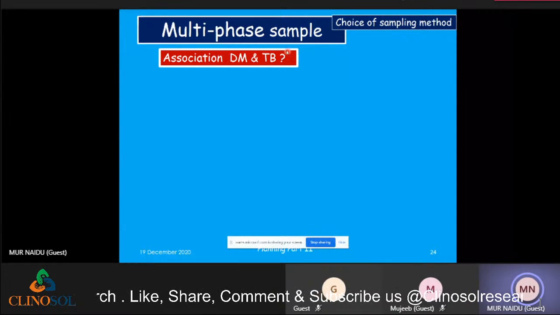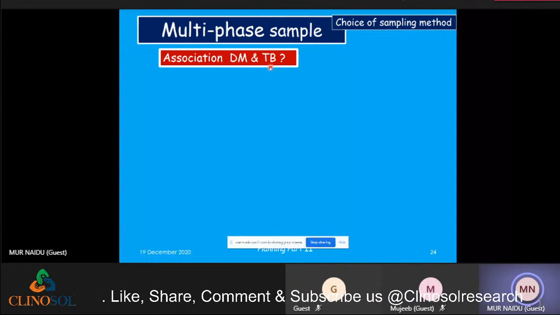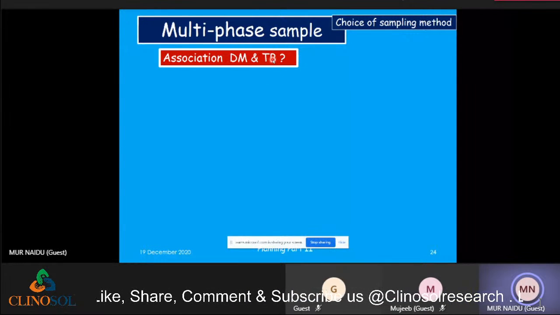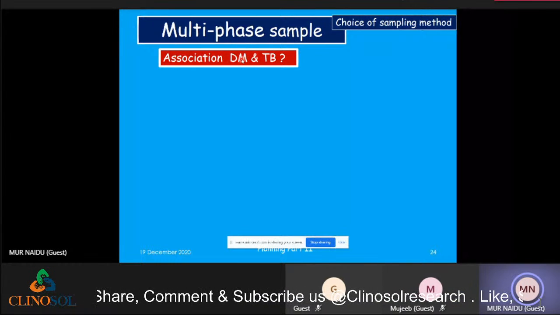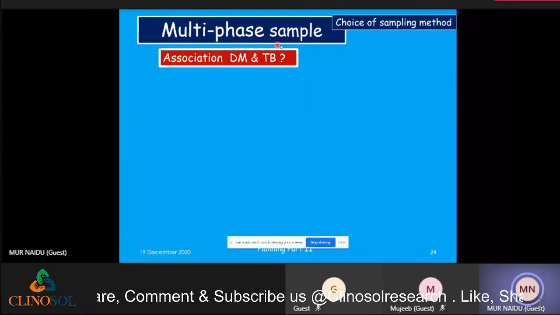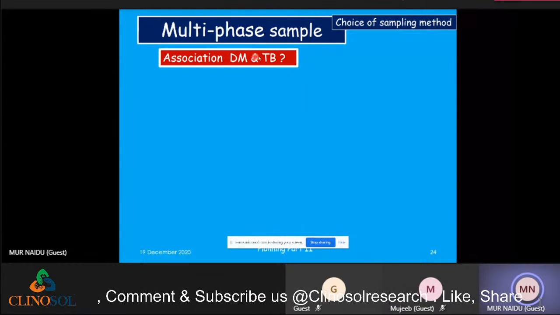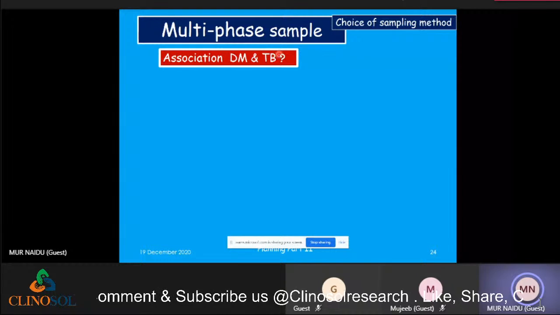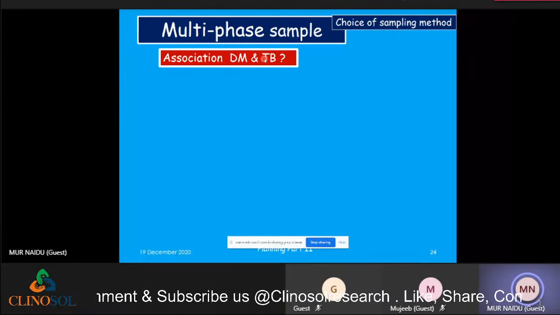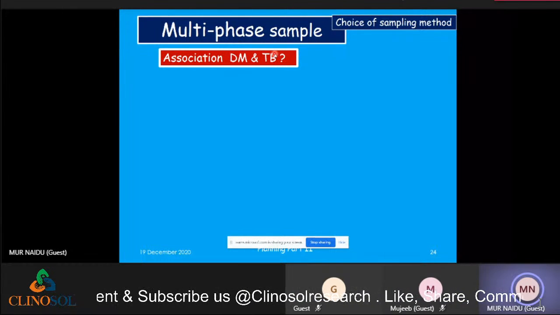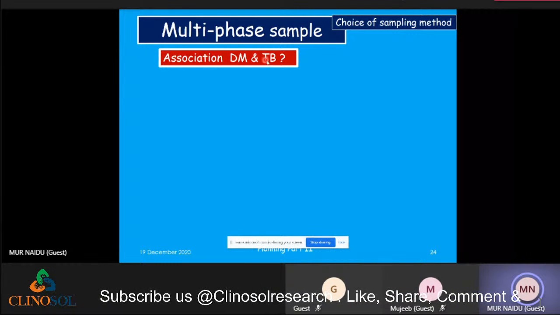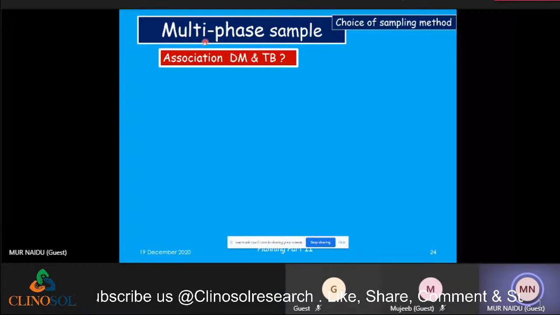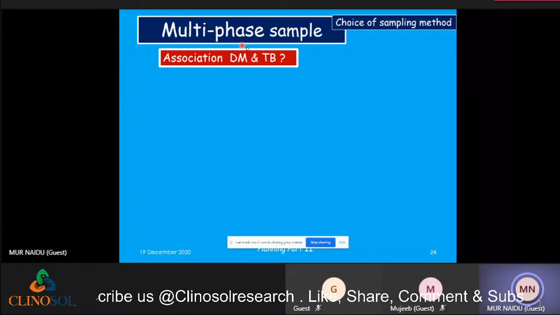If you are exposed to a patient suffering from tuberculosis, the incidence of tuberculosis in diabetes is very high. Now when I want to study whether this is true or not, and I have a drug which I want to study in tuberculosis, I have to establish the association between diabetes and tuberculosis. I go for multi-phase sampling.